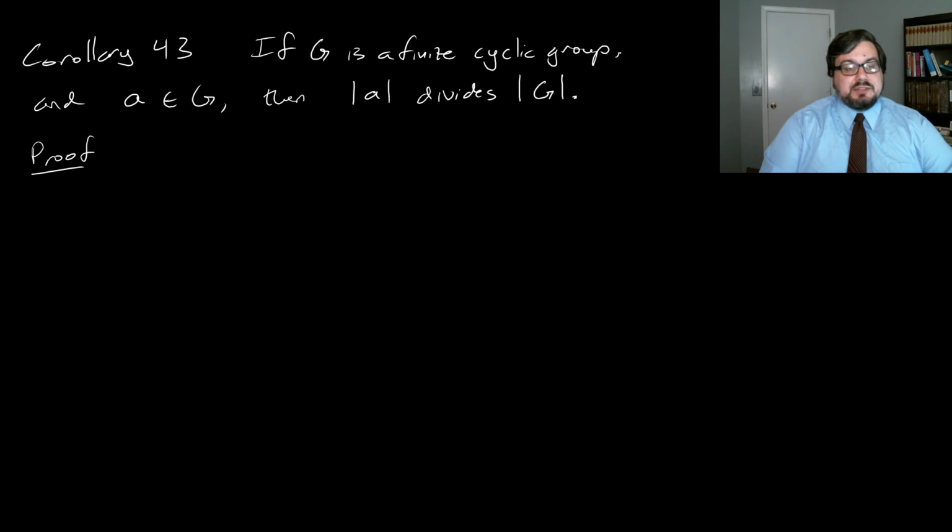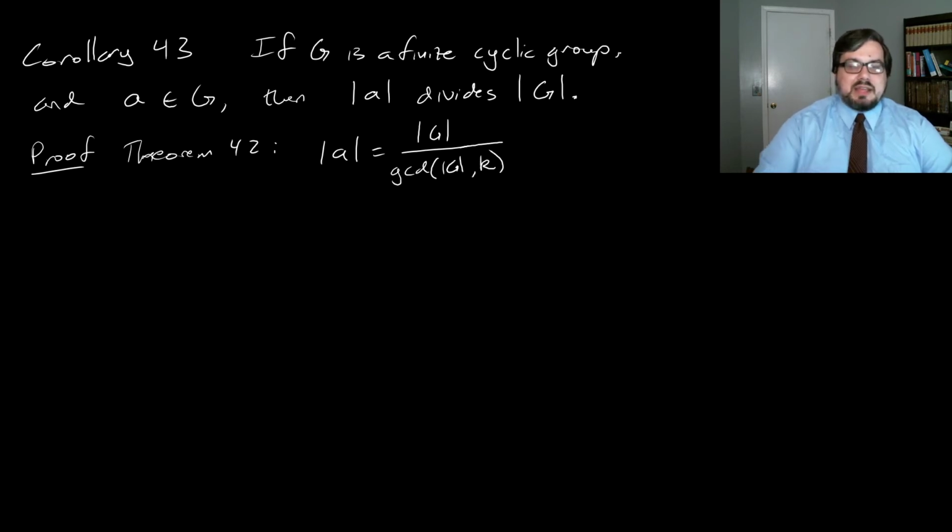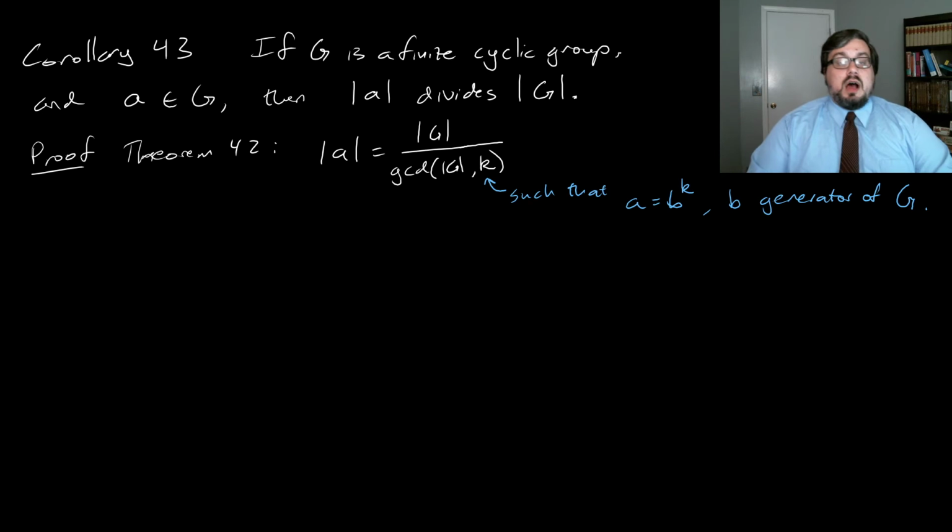The proof of this is really just Theorem 42, where the order of a is going to be the order of G divided by the greatest common divisor of the order of G with some number k, where k is a number such that a equals b to the k, where b is a generator of the group G. But in particular, this means that the order of a certainly divides the order of G, because it's actually equal to the order of G divided by some integer.